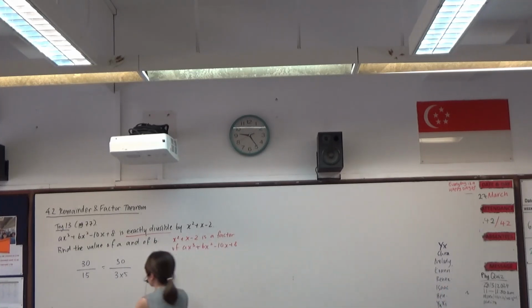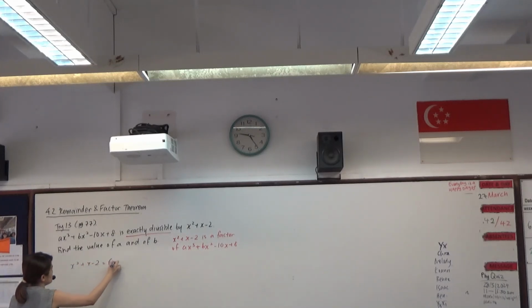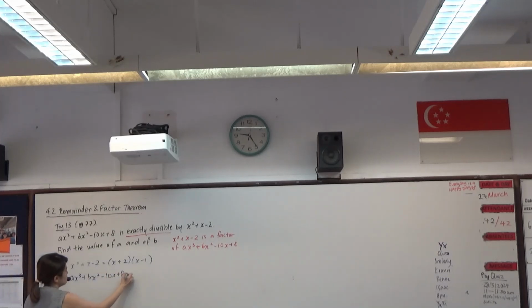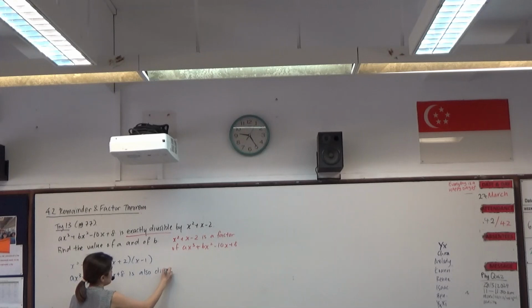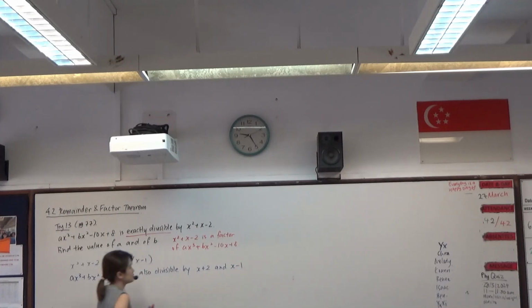So when I factorize x squared plus x minus 2, that will be x plus 2 times x minus 1. Do your cross method if you need it. So we can say that ax cubed plus bx squared minus 10x plus 8 is also divisible by x plus 2 and x minus 1. Because just like 30 divided by 15, 30 can also be divided by 3 and can also be divided by 5.